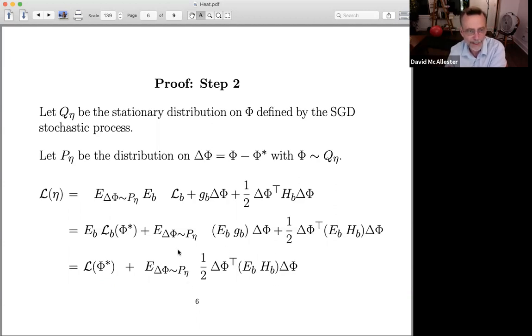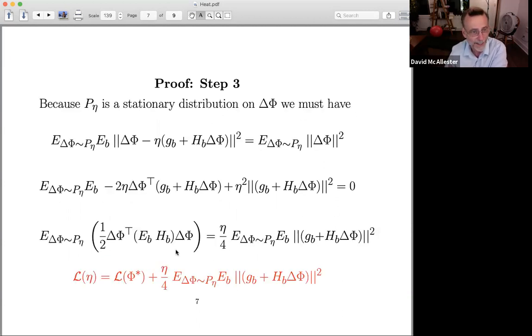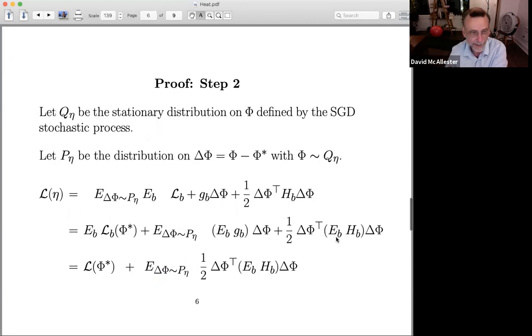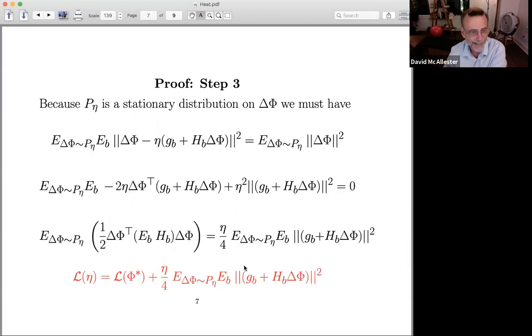And what I've just got is a different expression for that term. So that term is equal to this. So I can plug this expression in here, I've got an expression for that, and I get this equation.